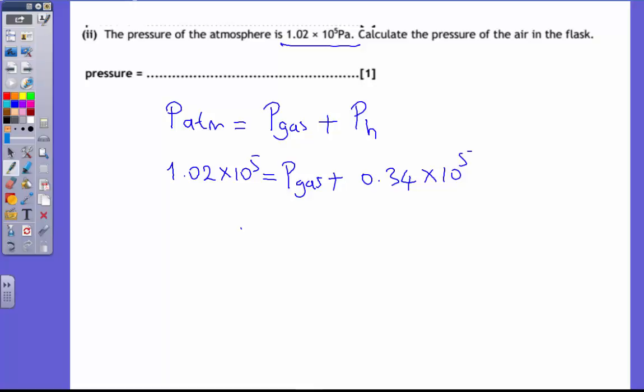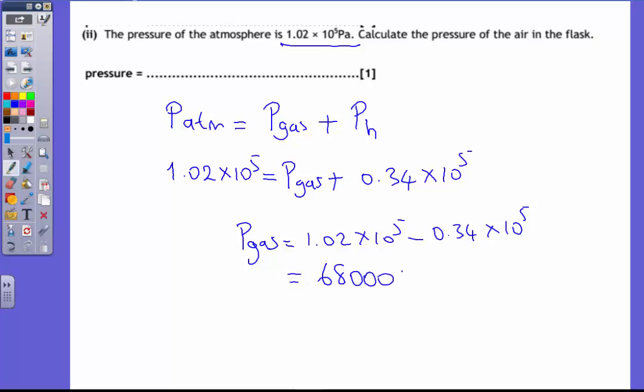So the gas pressure is equal to 1.02 times 10 to the power 5 minus 0.34 times 10 to the power 5, which is equal to 68,000 Pascal, or 6.8 times 10 to the power 4 Pascal in scientific notation.